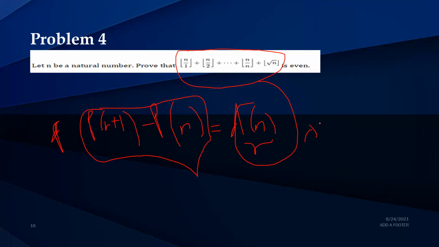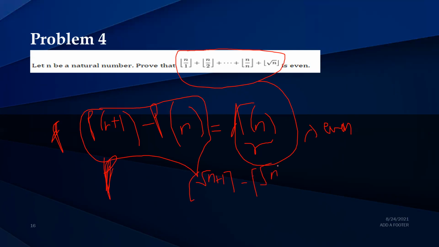If n is not a perfect square, then d of n would be even. So most of the time it is even. So if n is not a perfect square, then we will have P of n plus 1 minus P of n to be even, and we need to evaluate the floor of root of n plus 1 minus the floor of root of n.